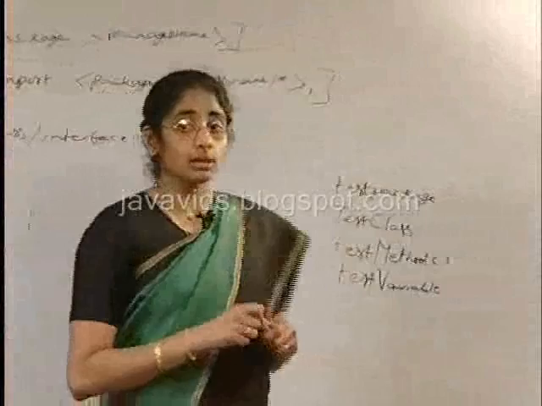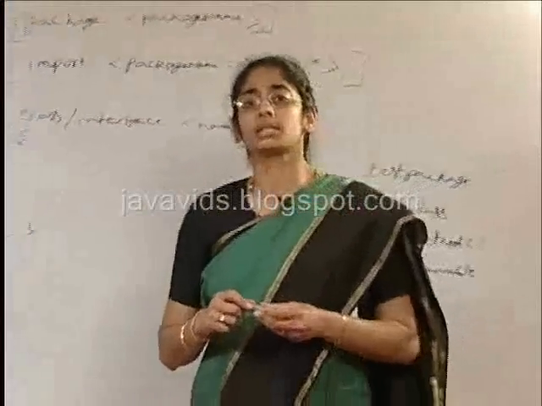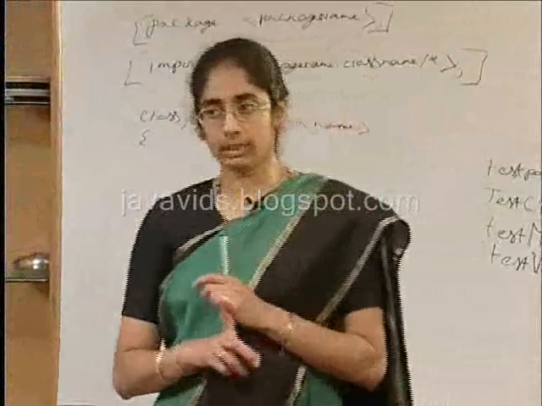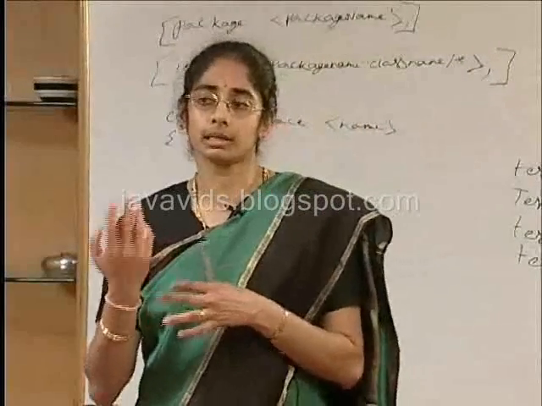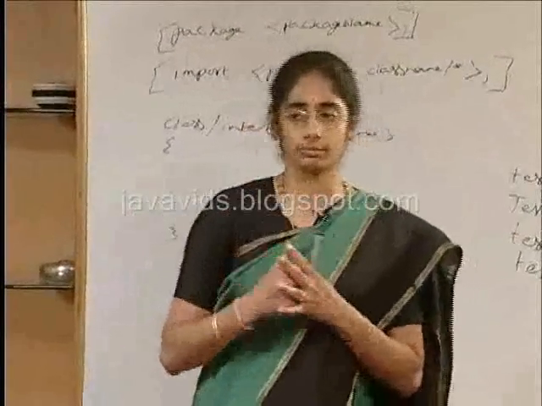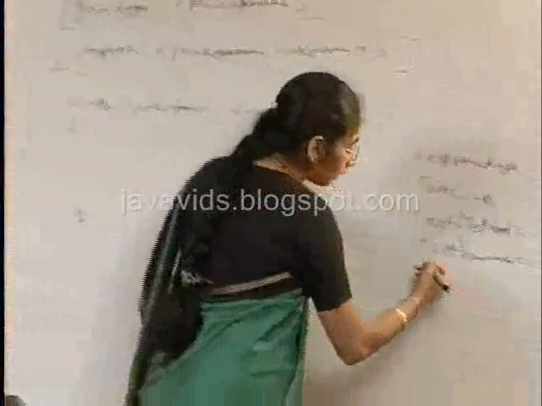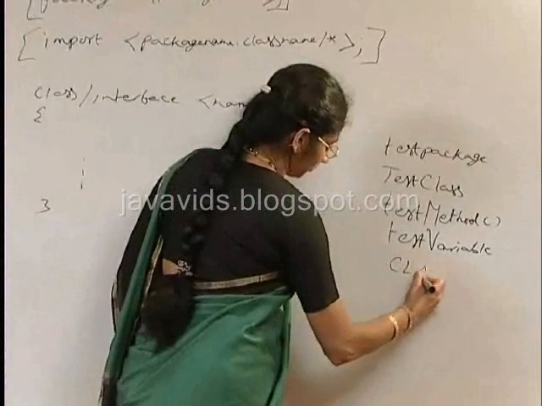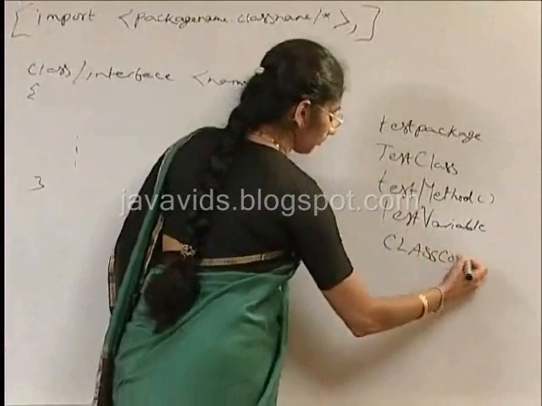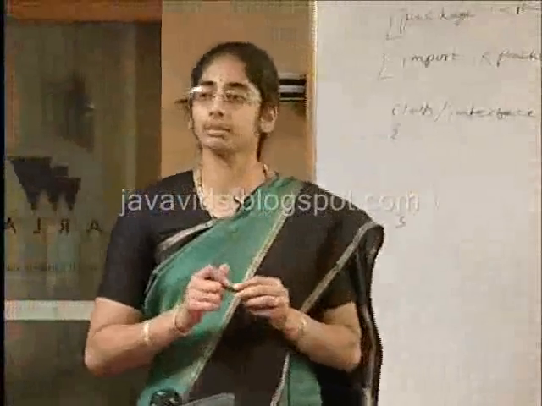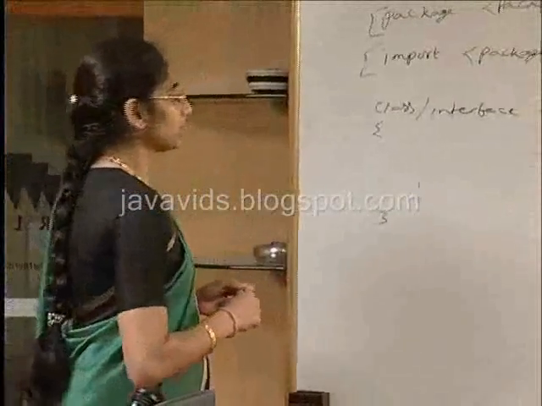Now any class constants. What do I mean by class constants? A constant is final. When I say class constant, it has to be a class member, so it has to be a static member. So static final variables must be completely in uppercase.